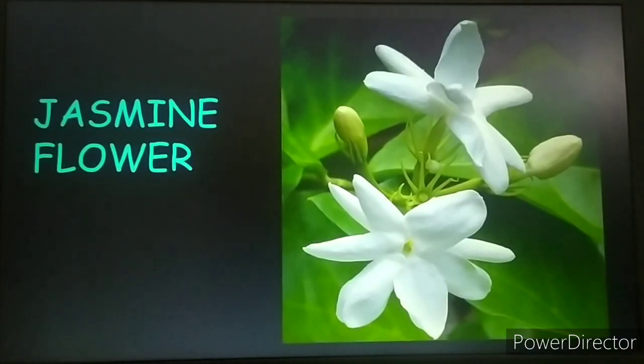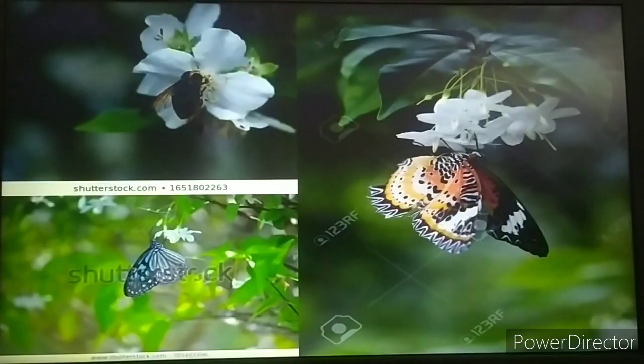So this smell will also help the flowers to attract insects. As you can see in this module, insects like bees and butterflies get attracted towards the flower due to their sweet smell. And these insects further help in pollination.